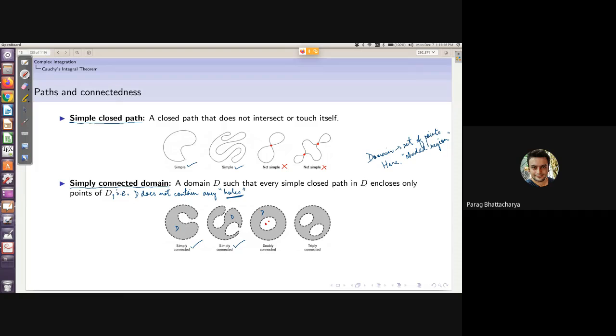These points don't belong to D. So it means there is at least one boundary which is a simple closed path, and that boundary contains points, these red points, which do not lie inside D. So this is not a simply connected domain.